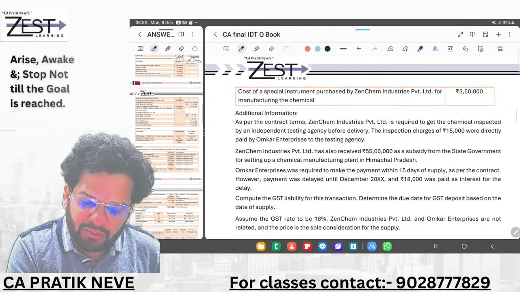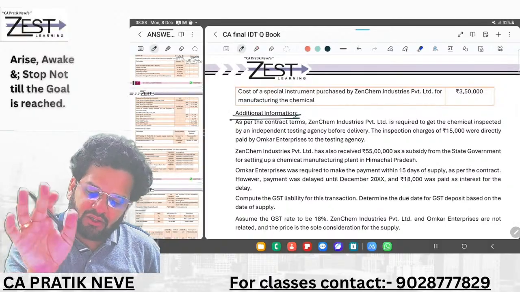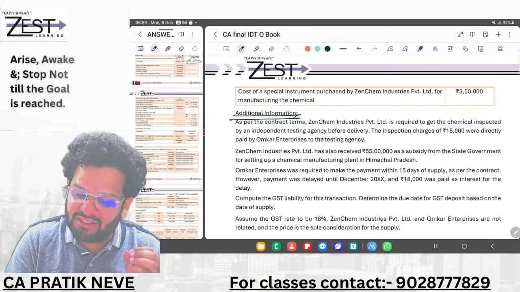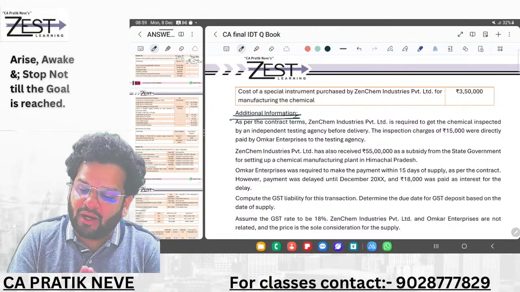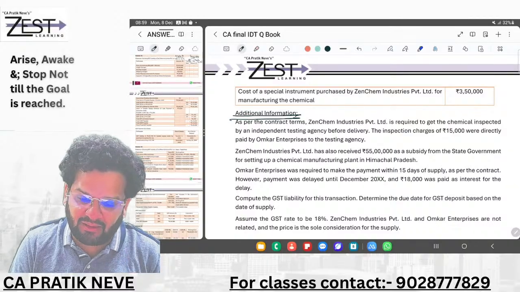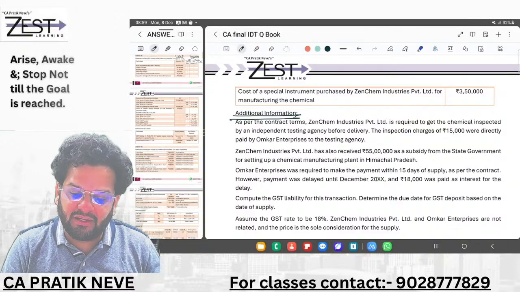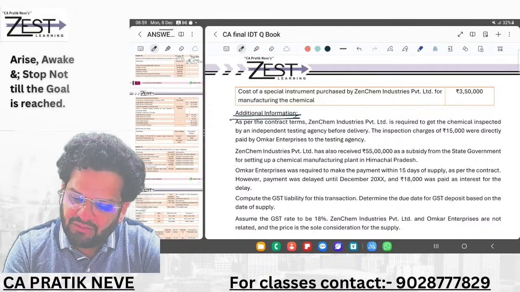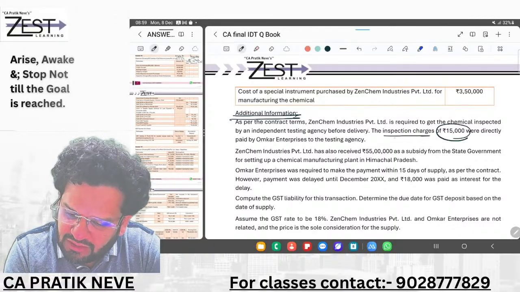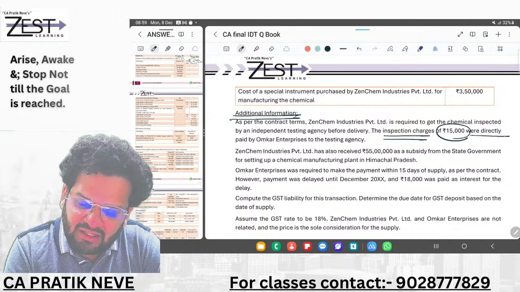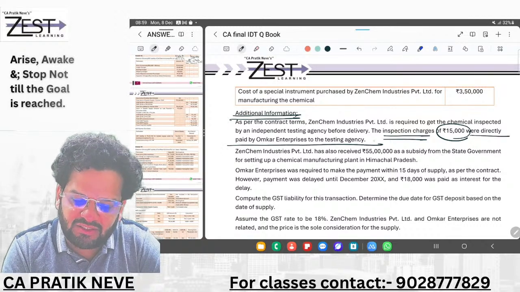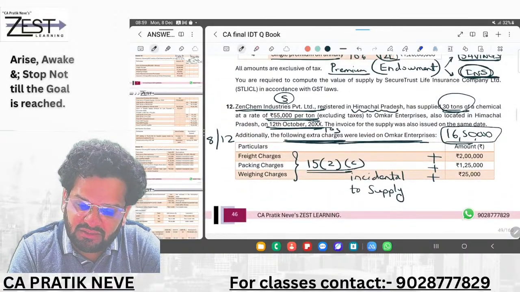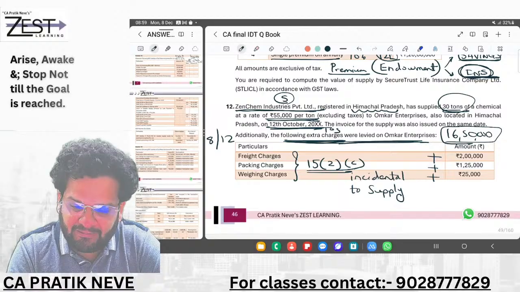Now, additional information. As per the contract terms, Zenchem Industries Private Limited, the supplier, is required to get the chemical inspected by an independent testing agency before delivery. The inspection charges of 15,000 were directly paid by Omkar Enterprises to the testing agency. Friends, Omkar Enterprises is the recipient of supply.